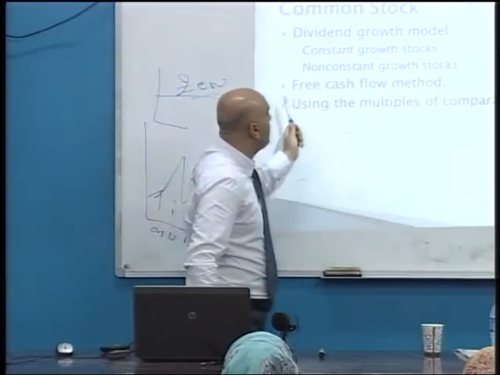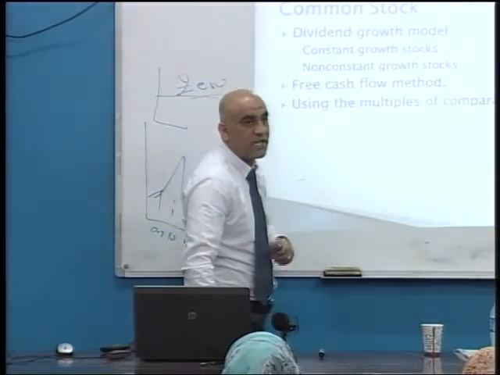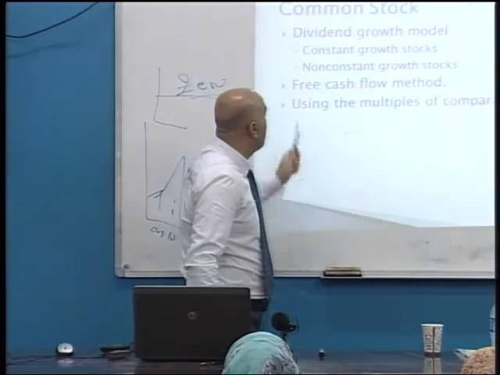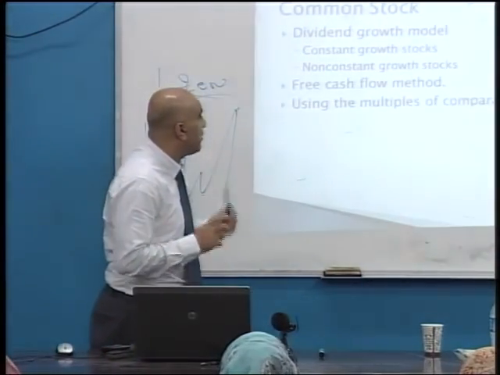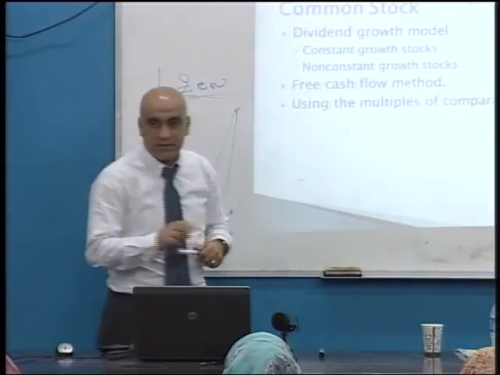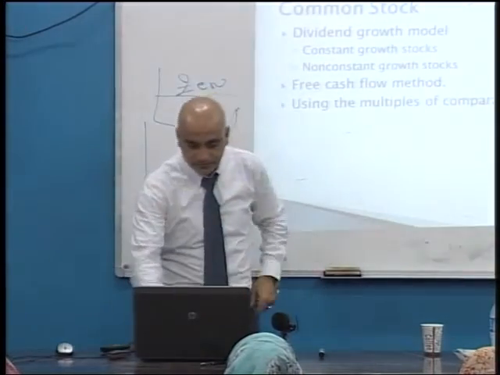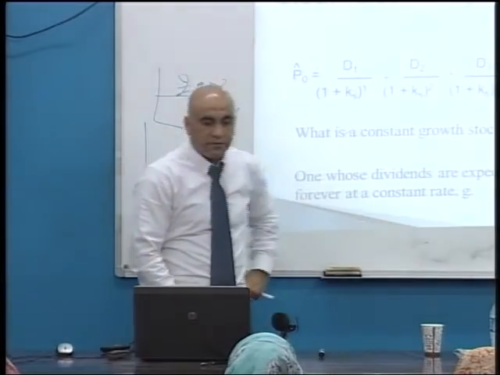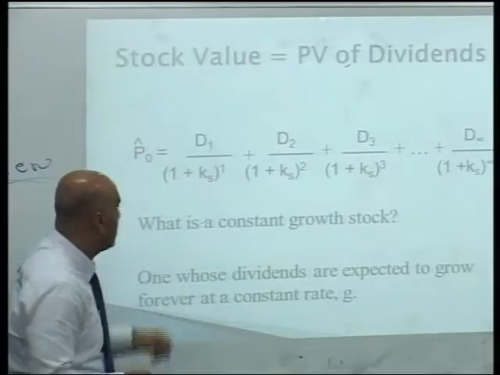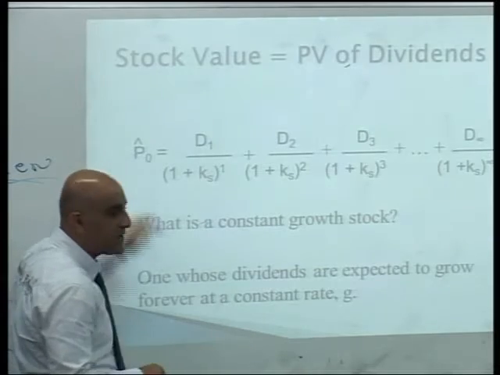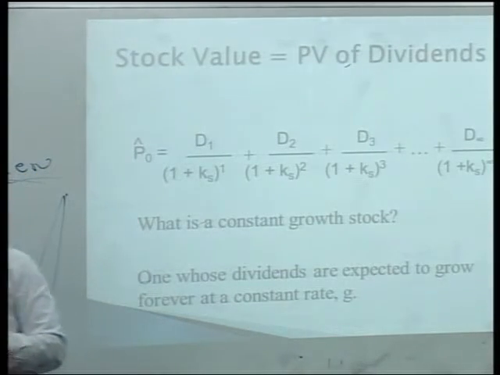So other models: free cash flow methods, which calculate the discounted cash flow. The third model uses the multiples of comparable firms. I will focus on the first model in this chapter. So the stock value, look at this stock valuation. So the value of the stocks, this is the price of the stocks, the initial price of the stocks, which is today.